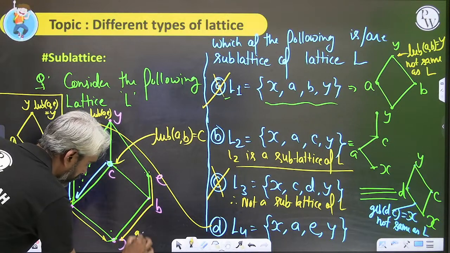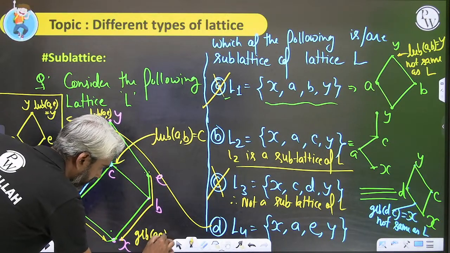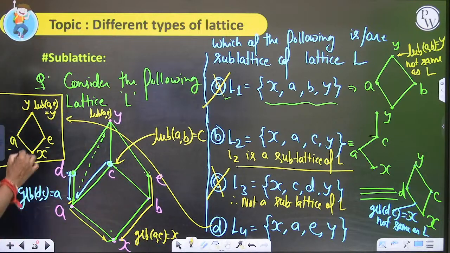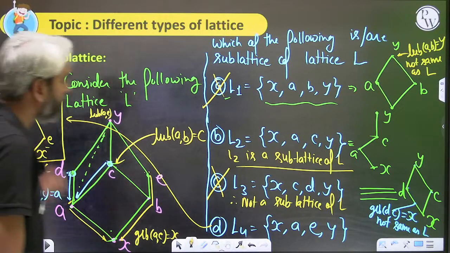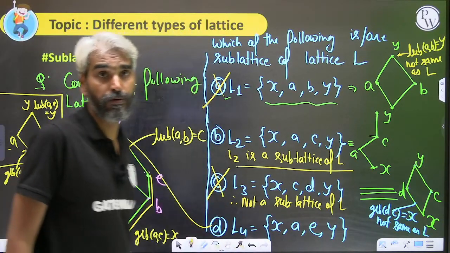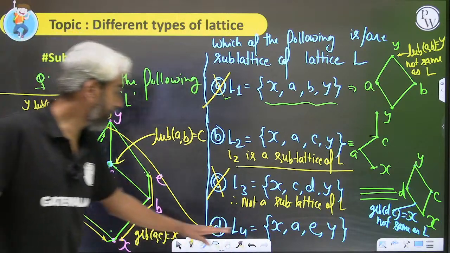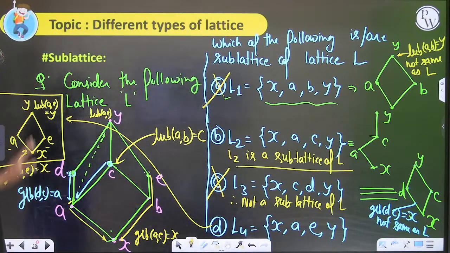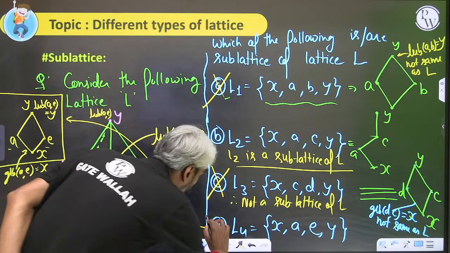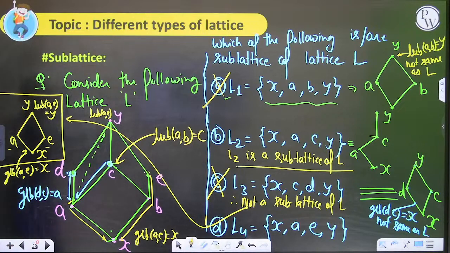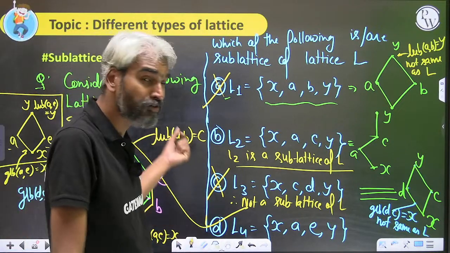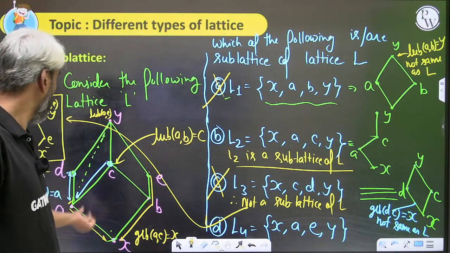So the greatest lower bound of A and E is X. Here also the greatest lower bound of A and E is X. So for every pair of elements of this subset L4, the least upper bound and greatest lower bound is exactly the same as in lattice L. Therefore, the subset with respect to option D is also a sublattice of lattice L.